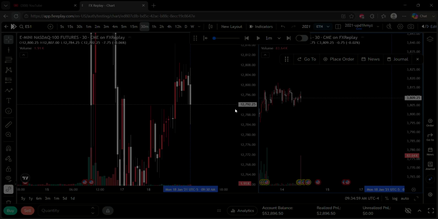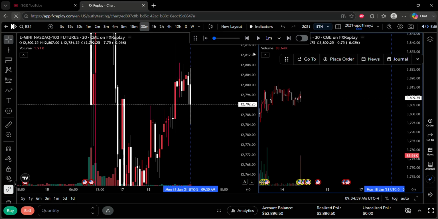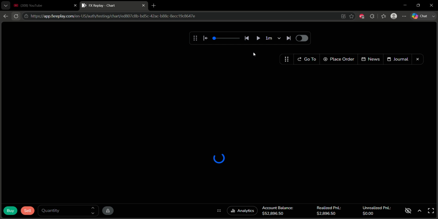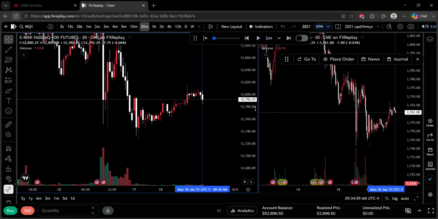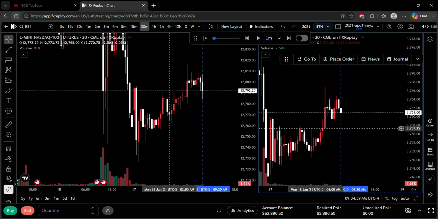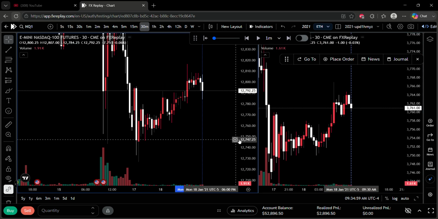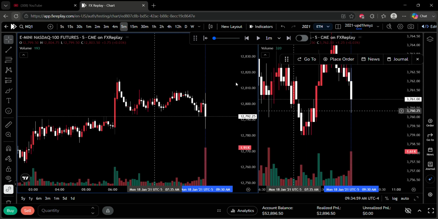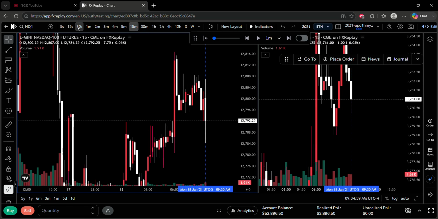Yeah, it's glitched. Reload that. Yes, NQ. Alright, ES is in a 5-minute gap. NQ is in a 30.